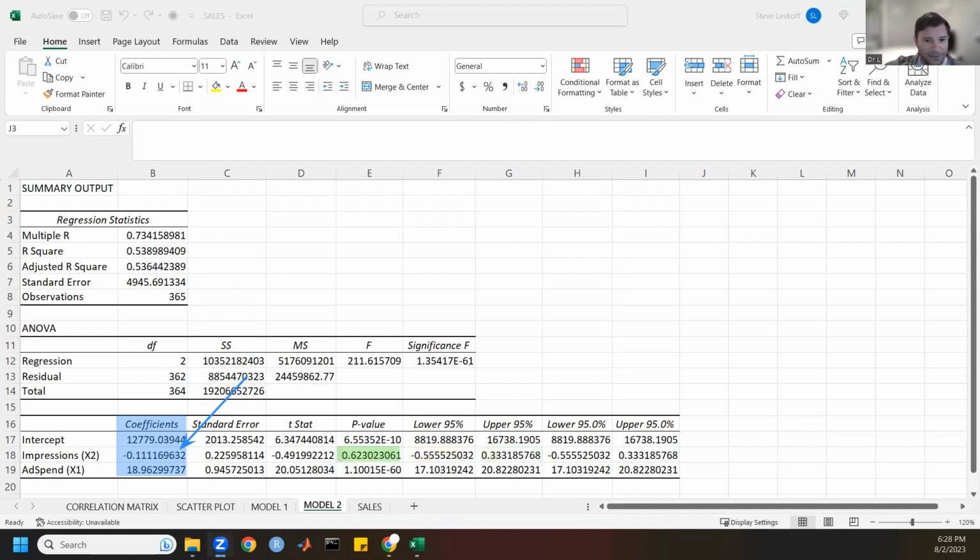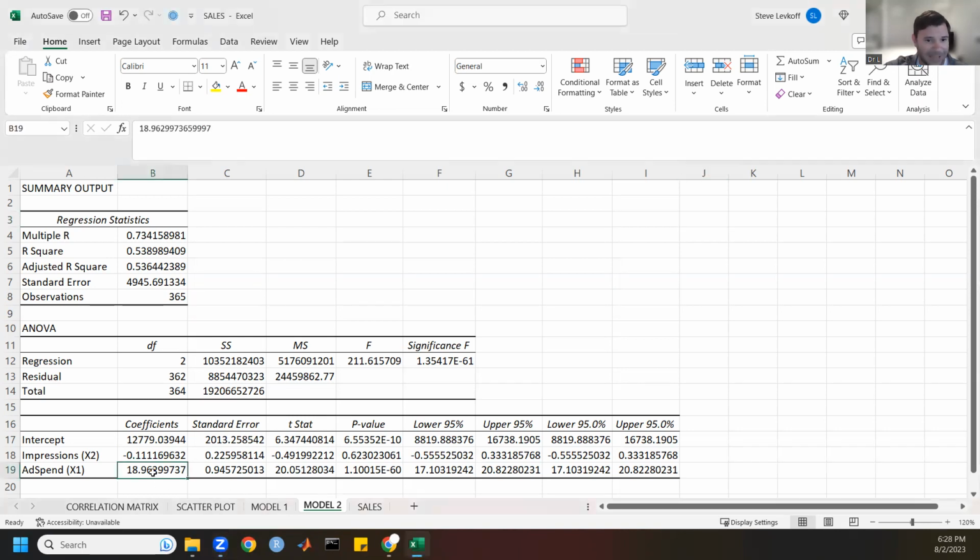That being said, if we look at the coefficient on ad spending, you may recognize that that value, roughly 19, is not much different than the corresponding value when we looked at model 1. So let me switch back to the model 1 tab just for a moment.